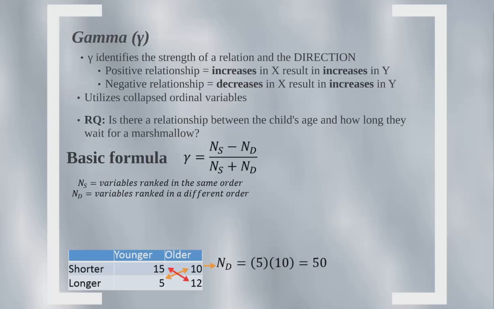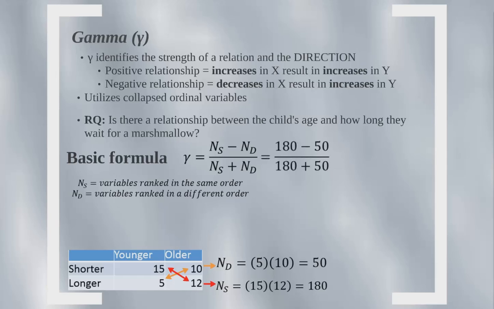N sub S is younger paired with shorter, older paired with longer, right? These are the same order, going in the same direction with the rank. We pair these together, and this is N sub S, and we do 15 times 12, which is 180. These two numbers are important because they will be plugged into this formula, right? We just plug in the N sub S and the N sub D.